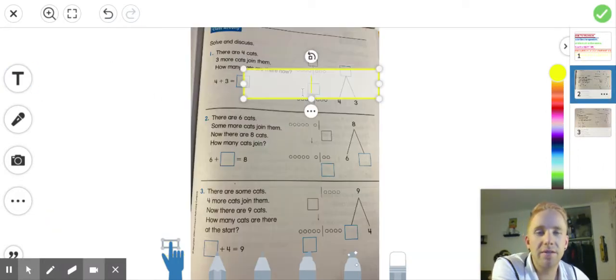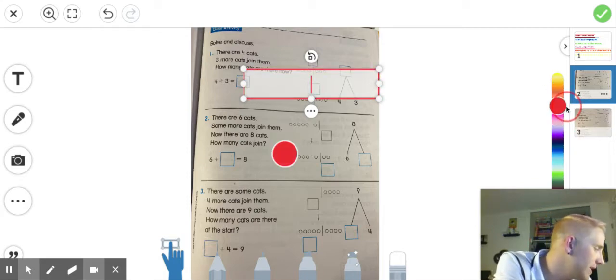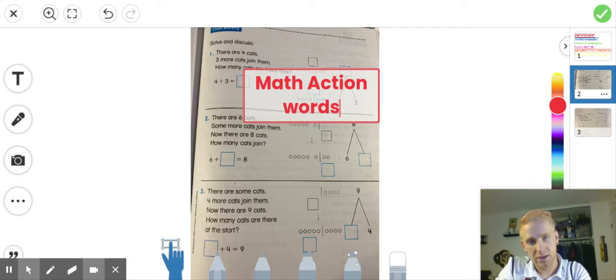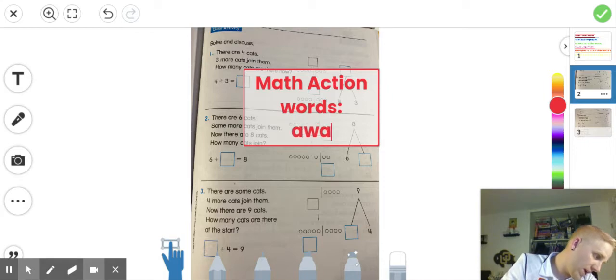But first, I want to give us some math action words. You're going to be dealing with addition and subtraction today.